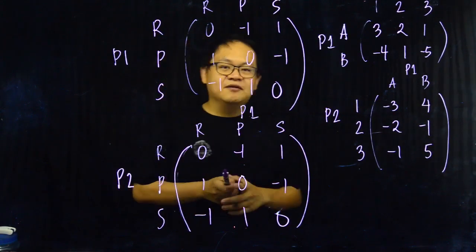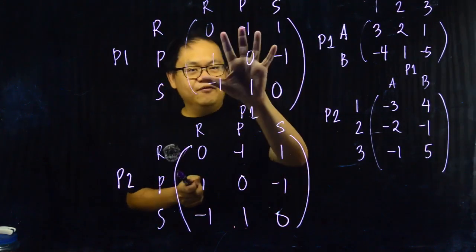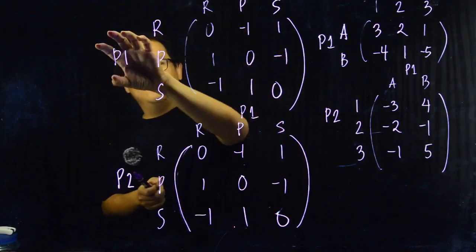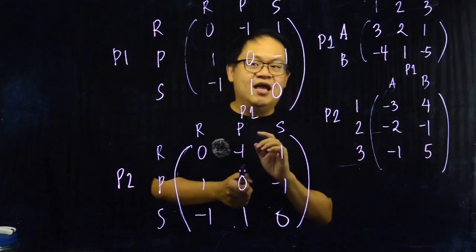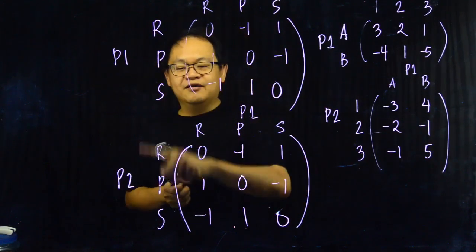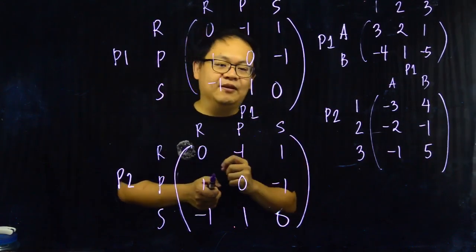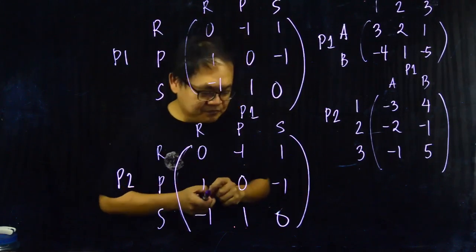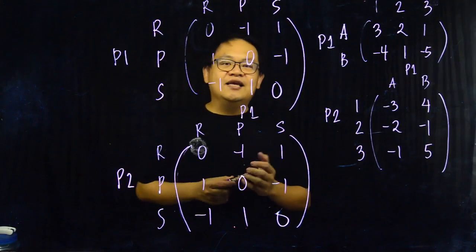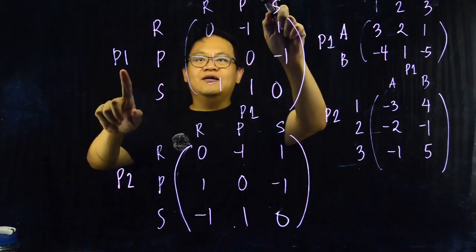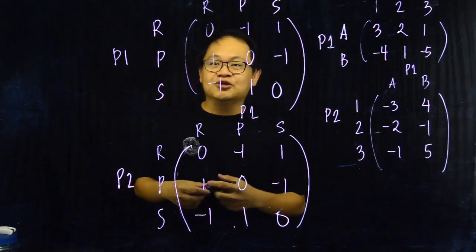But the assumption still remains the same, that the payoff table, whether seen from the point of view of player 1 or player 2, the assumption is that both players know the payoff table.